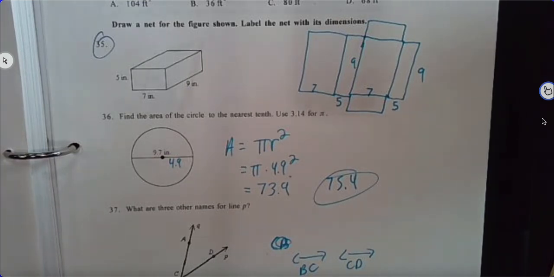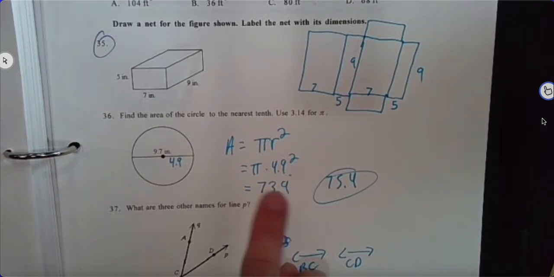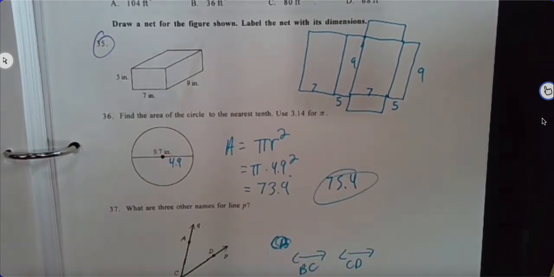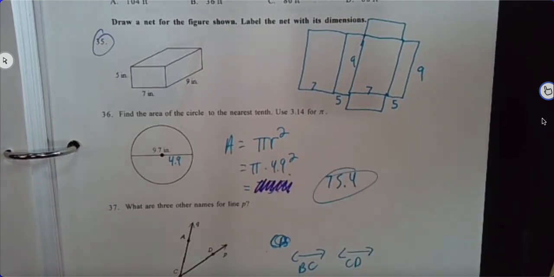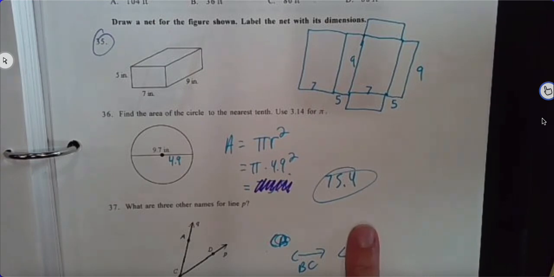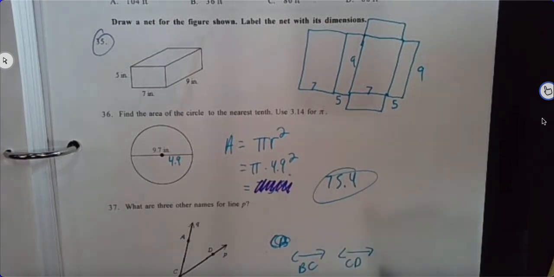Yeah, I get 75.4. I have no idea what this... It's 4.9 squared. It's 75.4. Okay, and it's square inches. You need to see what's at the bottom.